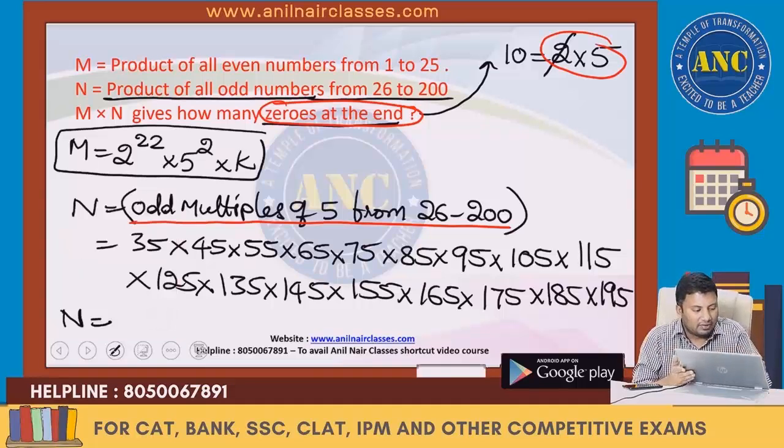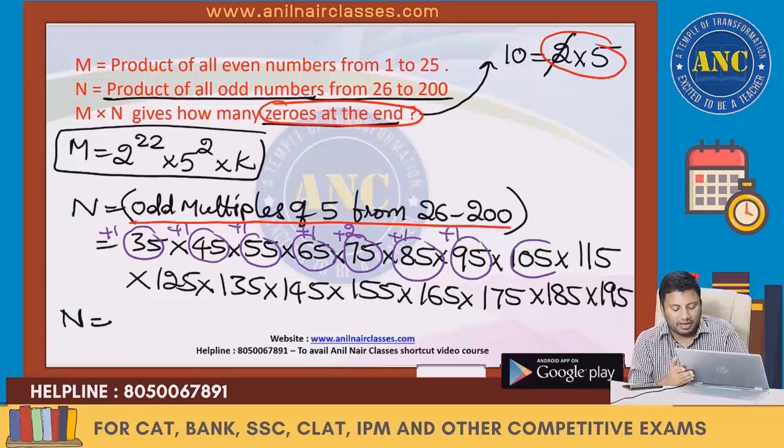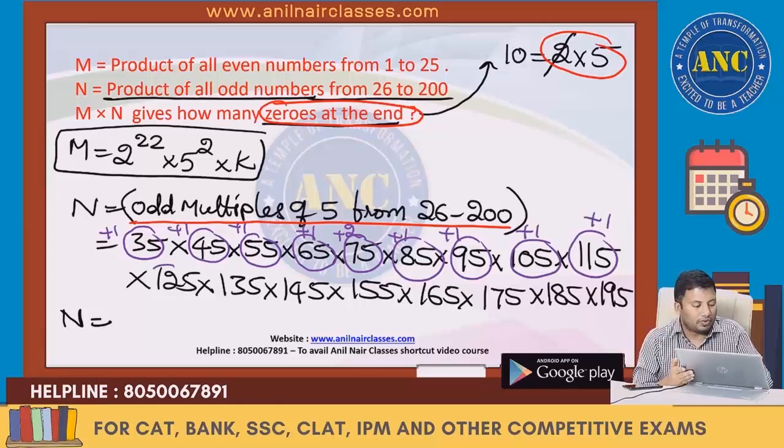Now see here. I will get one multiple of 5. 5 7s are, 5 9s are, 5 11s are, 5 13s are, 25 3s are, plus 2. 5 17s are, 5 19s are, 5 21s are, 5 23s are, 125 is plus 3.